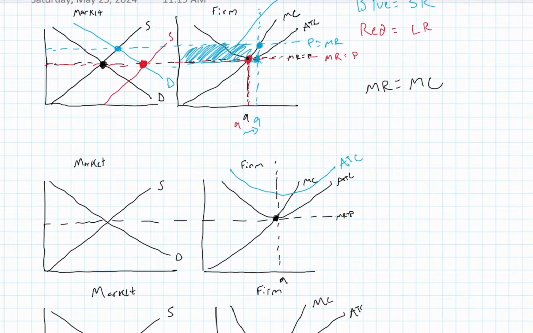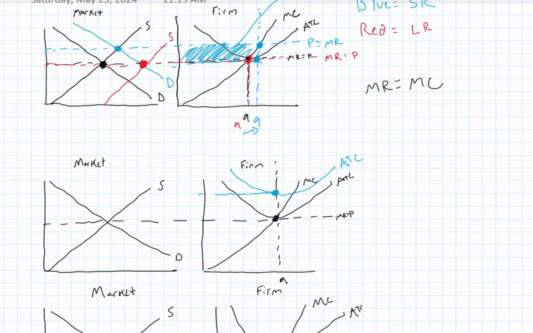But now we see that this quantity no longer intersects with average total cost at the price, and the price and average total cost are no longer equal to each other because the average total cost has gone up because your fixed costs have gone up. So we see that it actually now intersects right here. The price is still the same, but the average total cost has gone up.